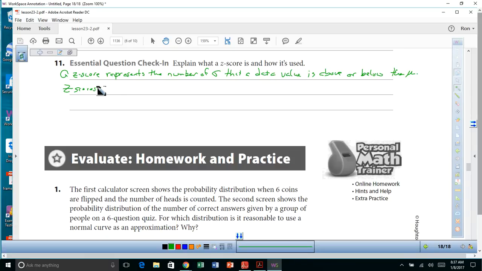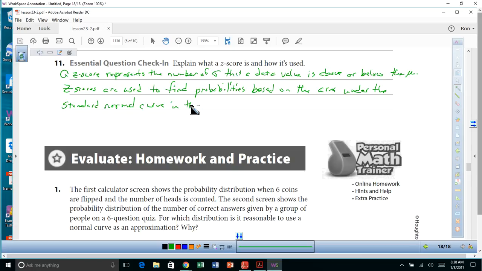Z-scores are used to find probabilities based on the area under the standard normal curve and the standard normal table.